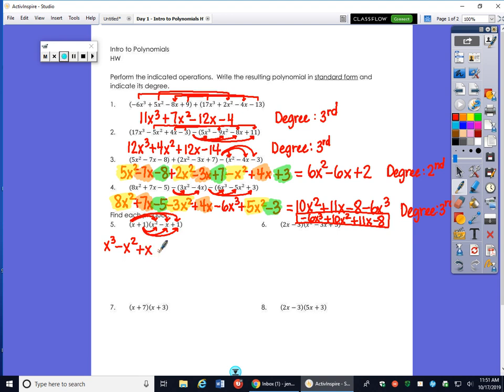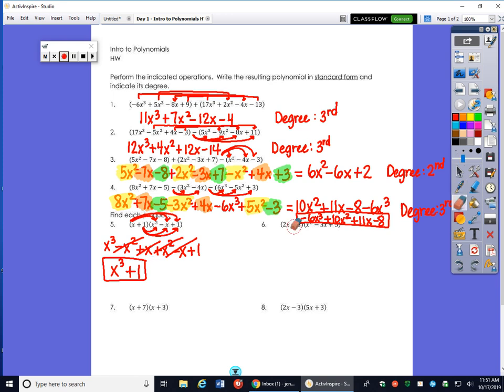Now we're going to do 1 times x squared, which is x squared, 1 times negative x, which is negative x, and 1 times 1, which is 1. And then we combine our like terms. So we don't have anything that goes with the cube. Negative x squared and positive x squared will cancel. Positive x and negative x will cancel, and you have just plus 1. And that's in standard form.